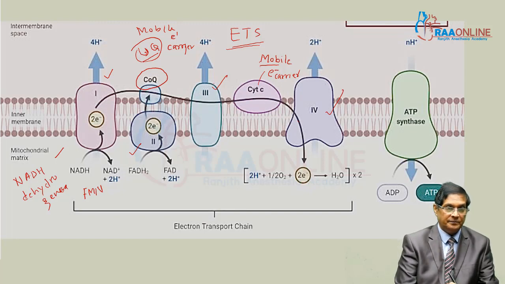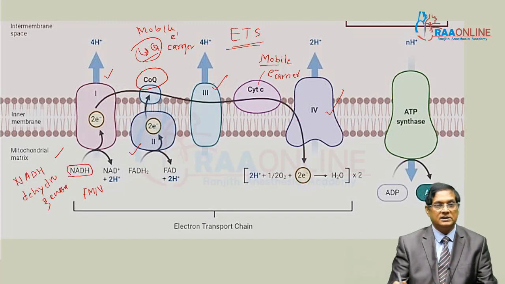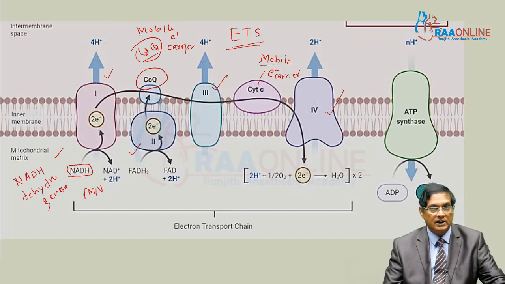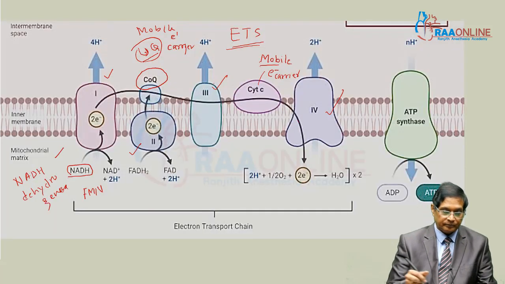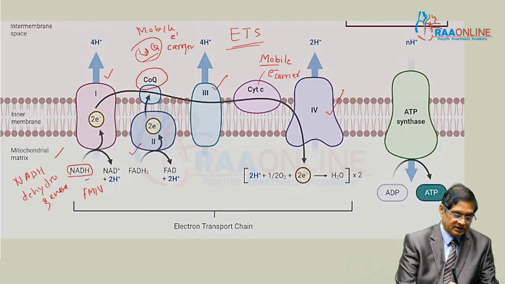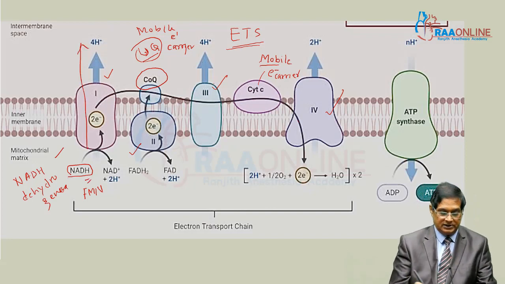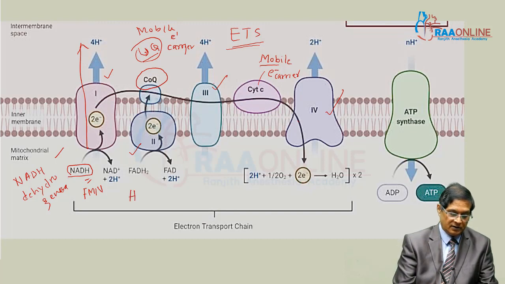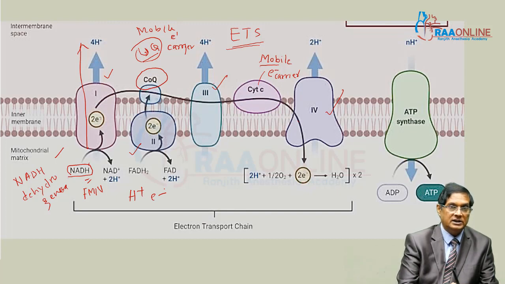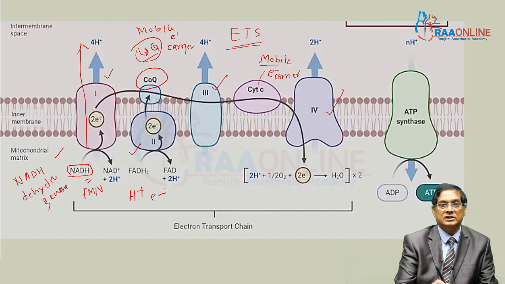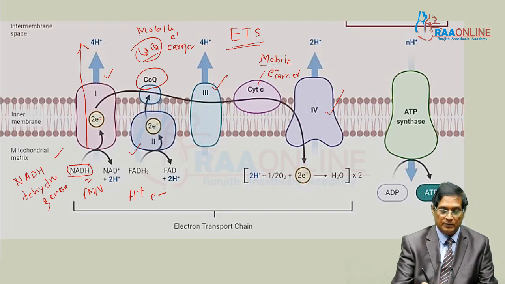This NADH is formed in the Krebs cycle as well as glycolysis. These H ions are released into the intermembrane space. H ions are positively charged, whereas electrons are negatively charged. The electron is taken up by the FMN, follows a different path and reaches complex number 4.